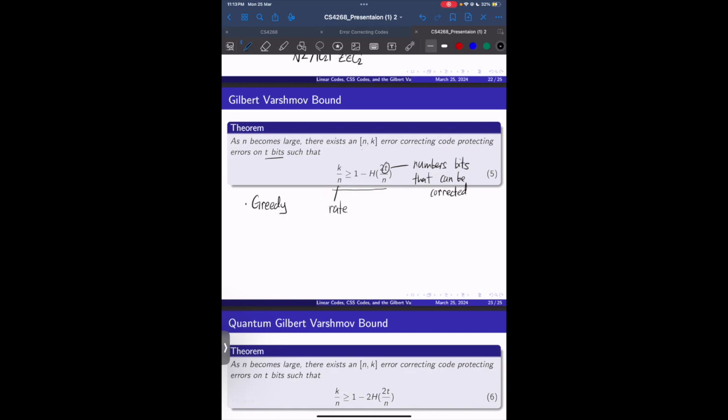The rough idea is you can estimate, right? Remember that to correct certain errors, we have to maintain a minimum Hamming distance between them, right? So let's say you have this code word and you can try to fit more and more and more code words, right?